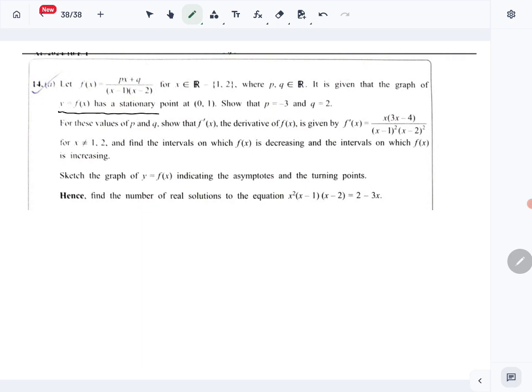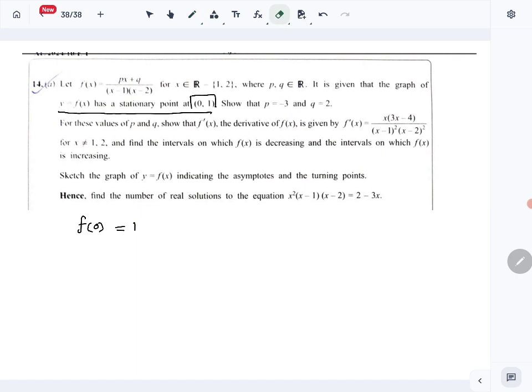So y equals f(x) has a stationary point at (0, 1). What is the first thing we can use? We know this point is on the curve y equals f(x), so we can just substitute that point. When x equals 0, f(0) is going to be 1.